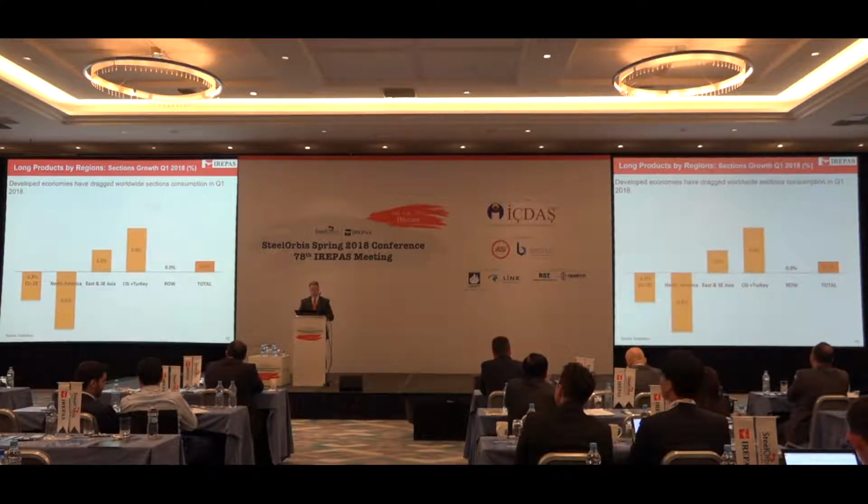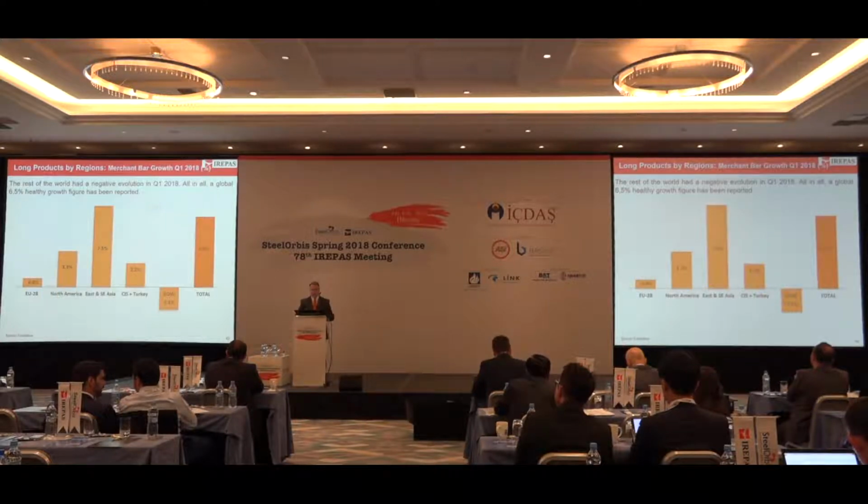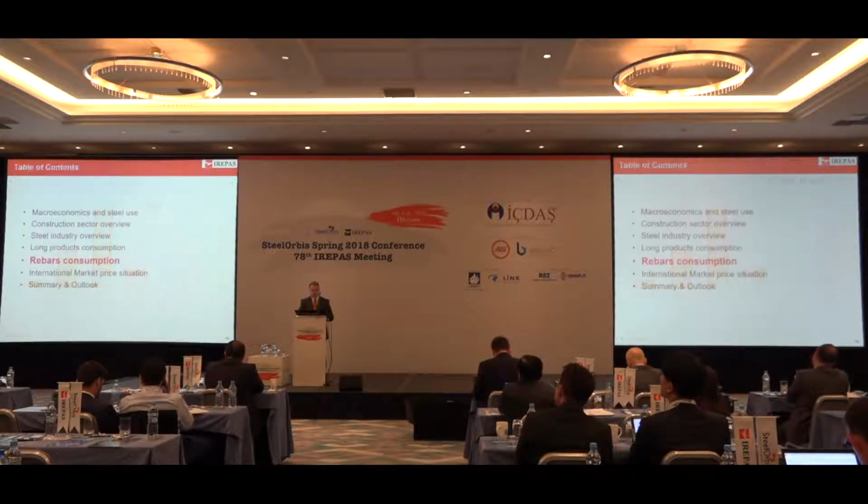For sections, the growth was only 0.5% because developed economies have dragged worldwide sections consumption during the first quarter. And finally, merchant bars was the product that had a better development during the first quarter, with a growth of 6.5%.